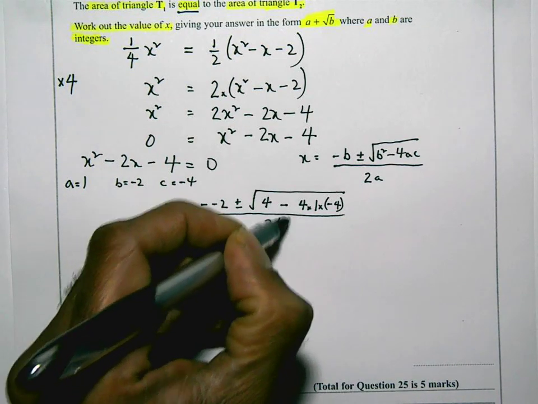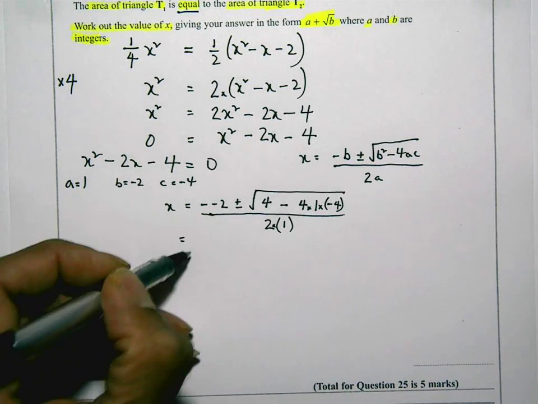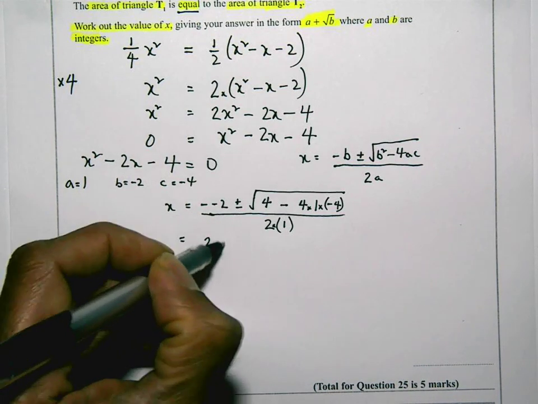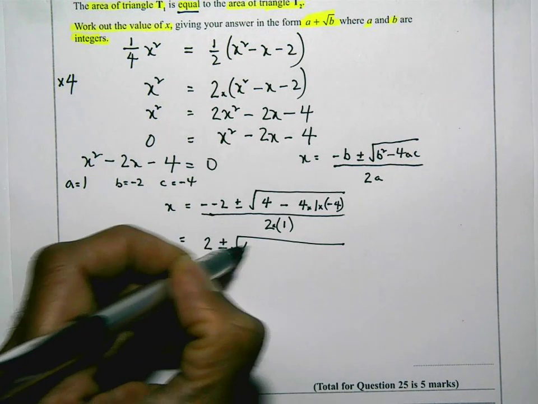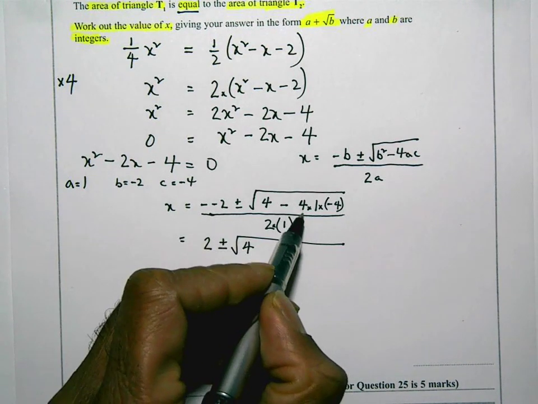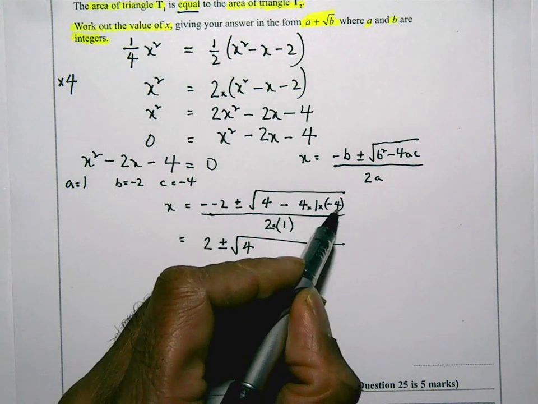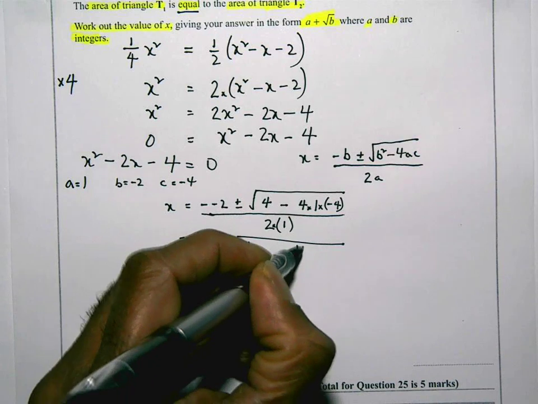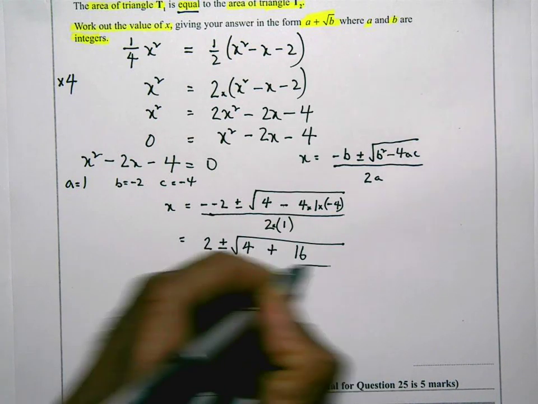Okay, so minus minus is a plus, so that's 2, plus or minus the square root of 4. Now, 1 times 4 is 4, times 4 is 16, so I'm going to have 16 there, and a minus times a minus is a plus, and that's all over 2.